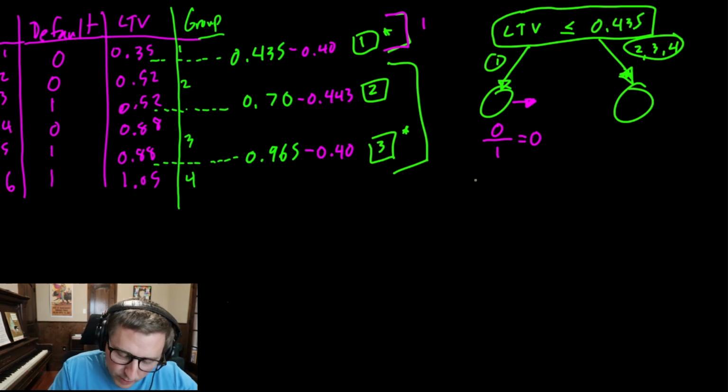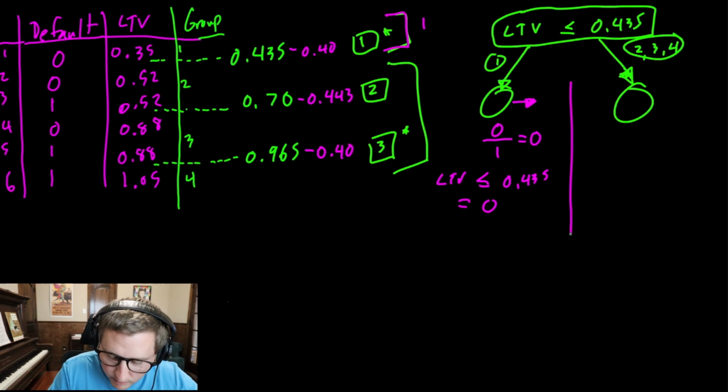So any value where the LTV is less than or equal to 0.435, this is going to be equal to 0. So that's what the decision tree predicts. Doesn't matter if your LTV is 0.35, as in our case, 0.1, 0.4, the prediction this tree is going to generate is going to be 0.